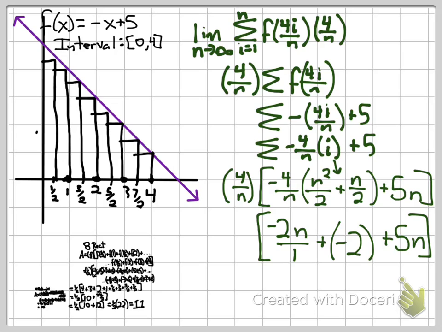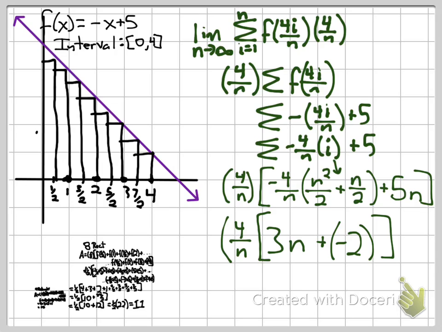Now I can simplify these together, negative 2n and 5n. I'm just going to make that into a 3n out in front. So I have 3n minus 2. Bring down the 4 over n. Distribute that in. 4 over n times 3n leaves me with 12, and then minus 8 over n.